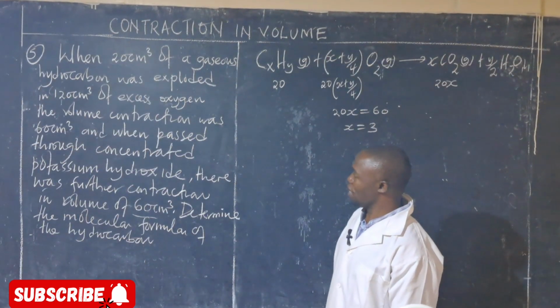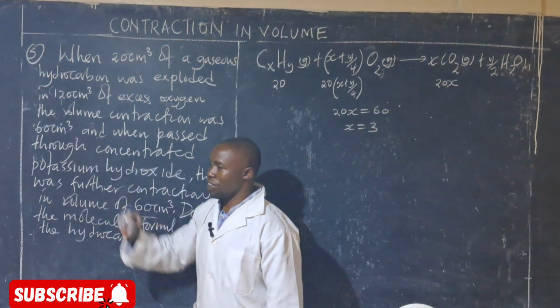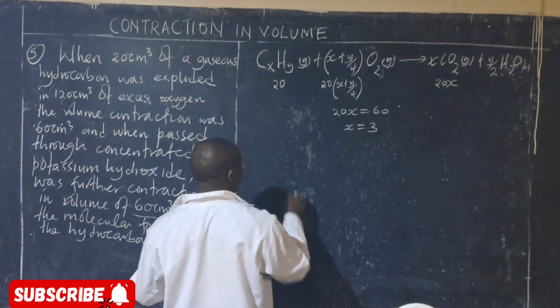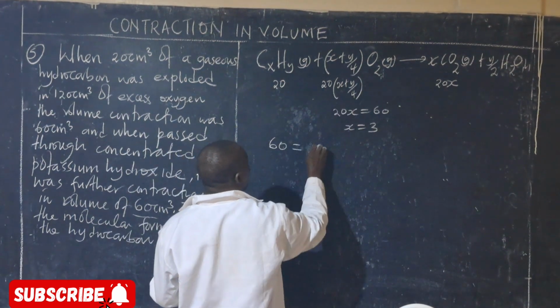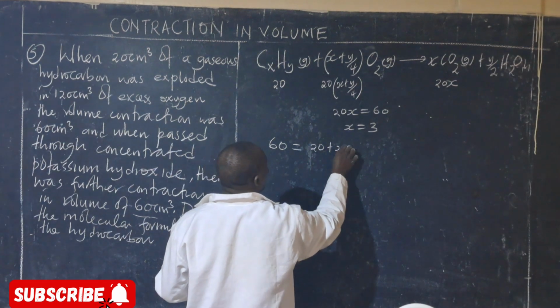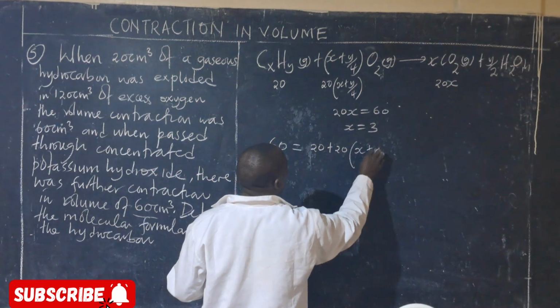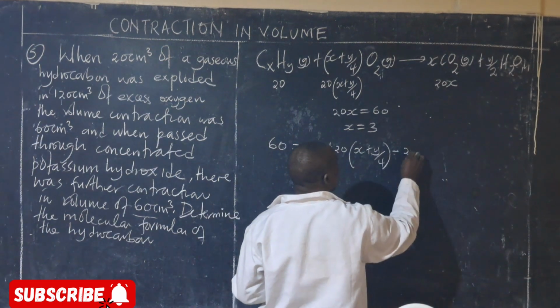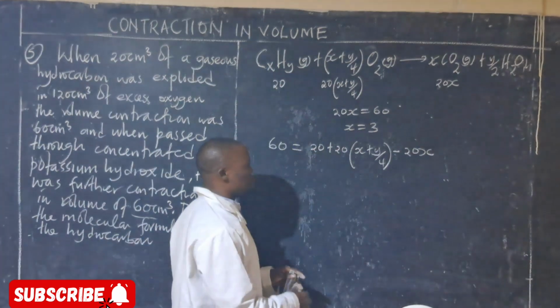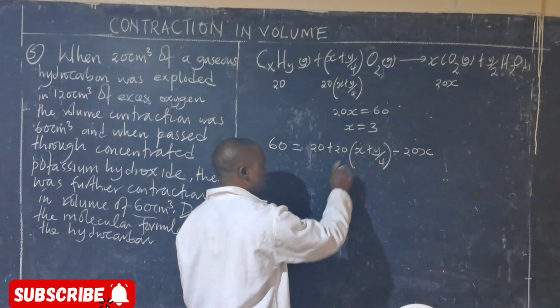Let's try to go further. The first contraction was 60, so you can use that. 60 is equal to the initial volume, which is 20, plus 20 into x plus y out of 4, then minus the volume of carbon dioxide, which is 20x. So you realize that this 20x and this 20x will die.